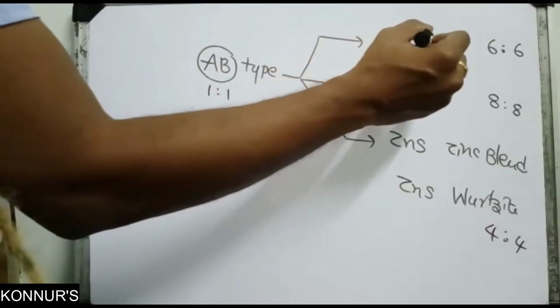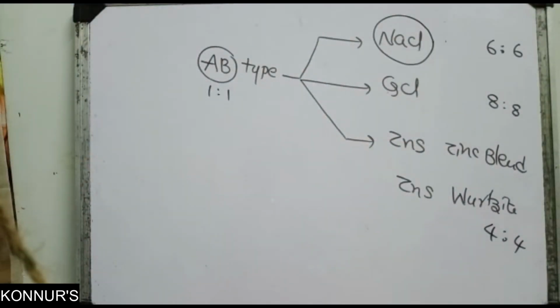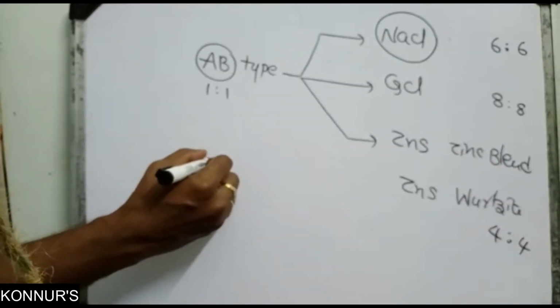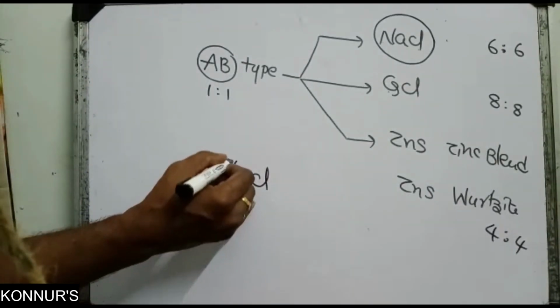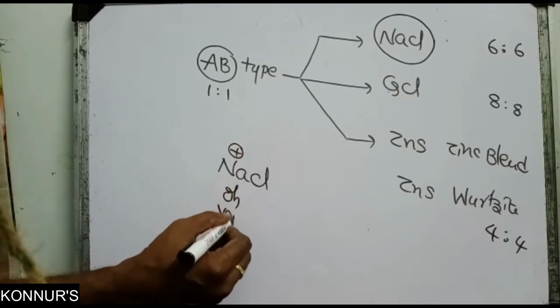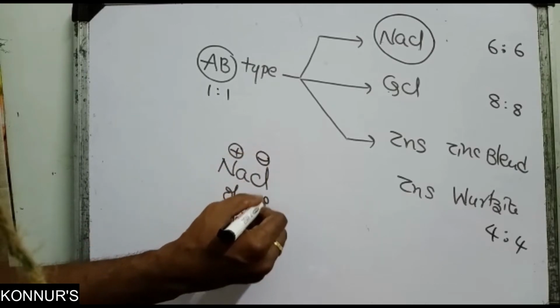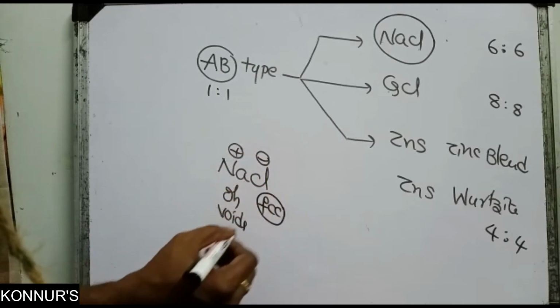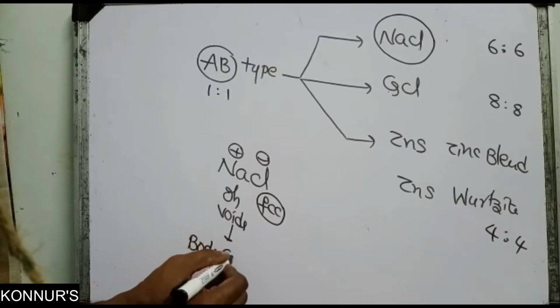In this, many times they will ask about NaCl. So where is the location in NaCl? Na+ occupies the octahedral voids. Cl- occupies the FCC points. What do octahedral voids mean?